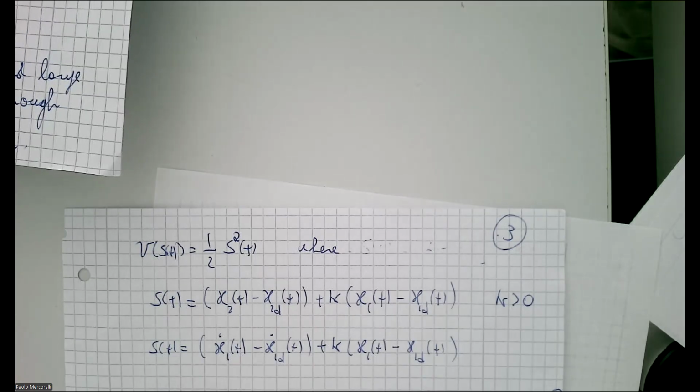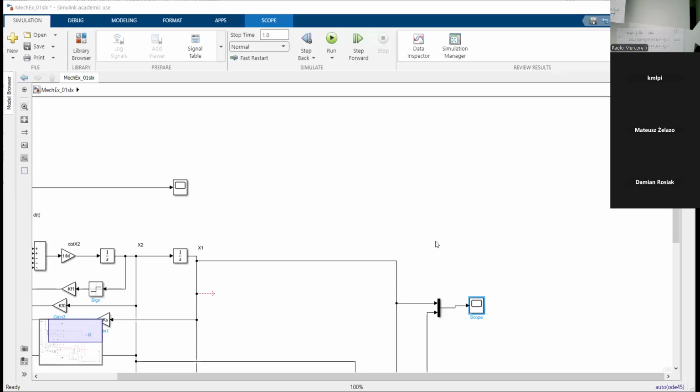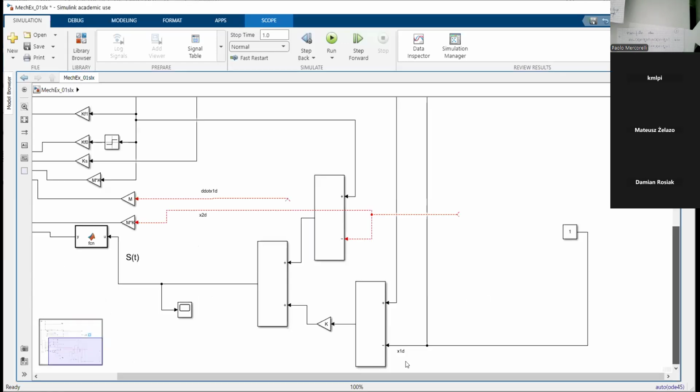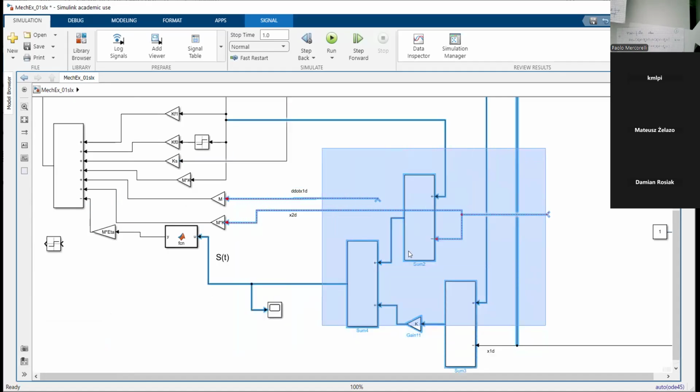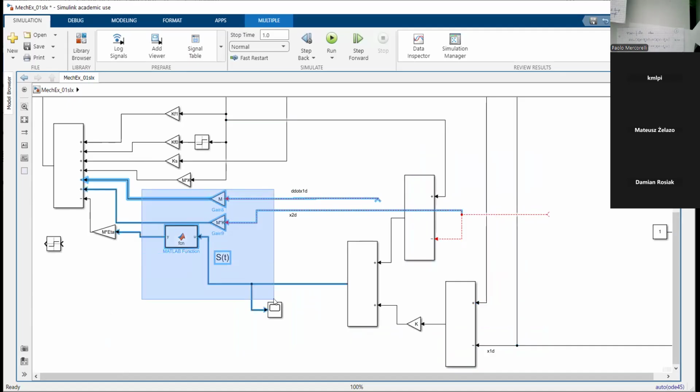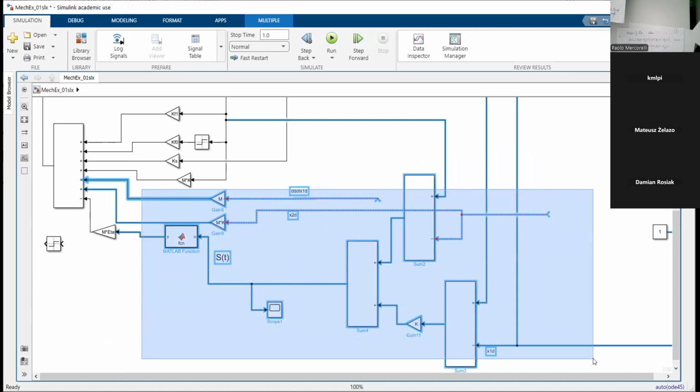Let me show you this and then we conclude. Look, what is S? It is here, but S is inside the microcontroller. Basically, the microcontroller considers this part here, or this signal here. Everything from here is realized in the microcontroller.